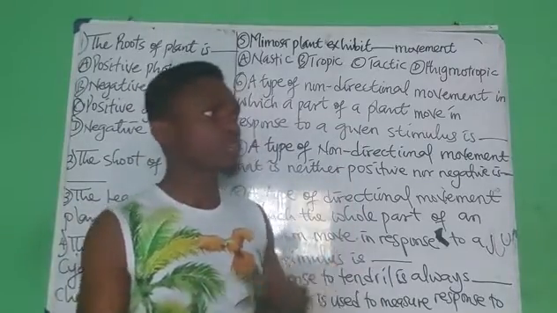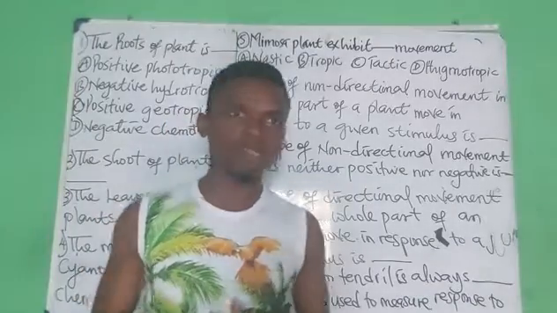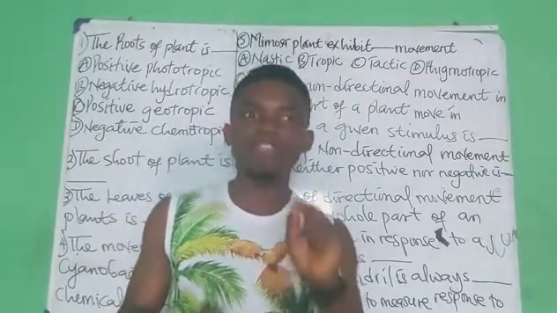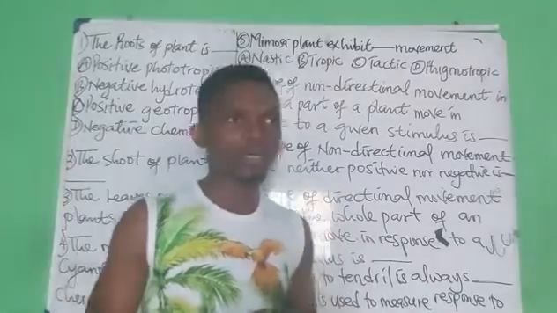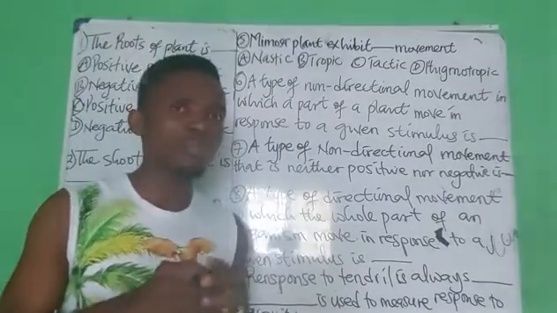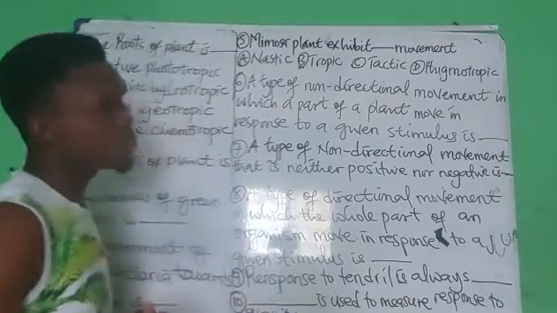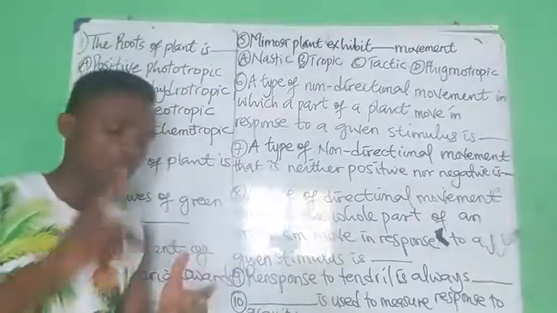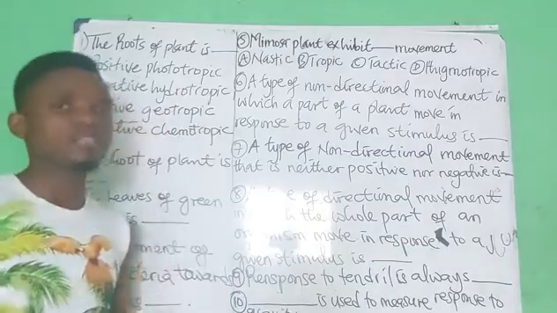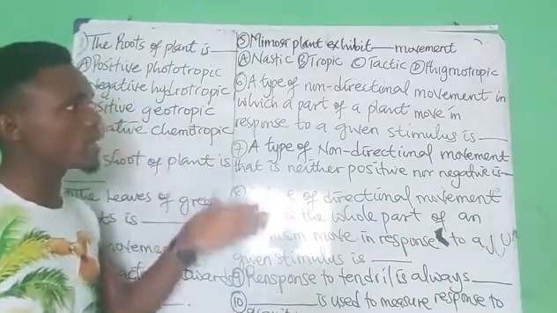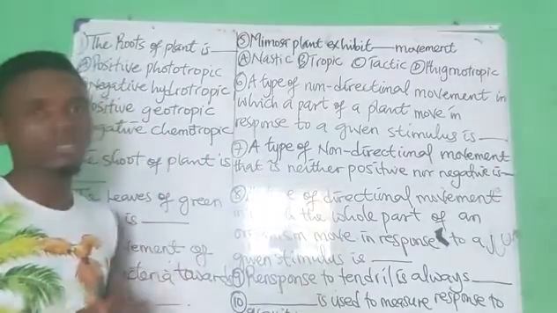Which means just try to always follow us so that you don't lag behind. In our previous class, we treated passive movement, tactic, tropic, and Nastic movement. I used a diagram to explain those three terms.